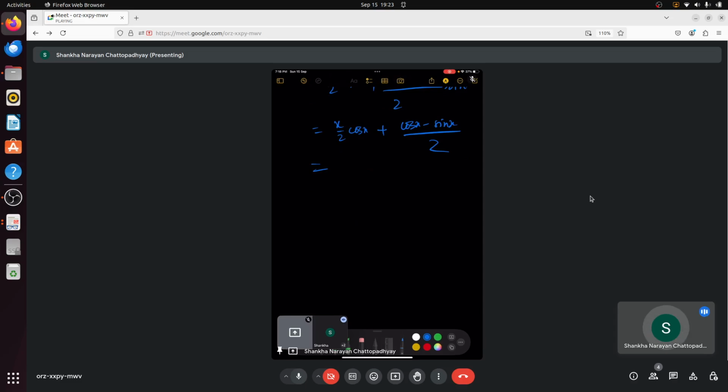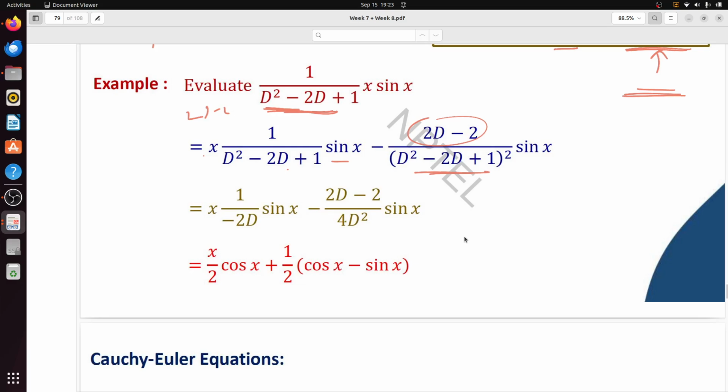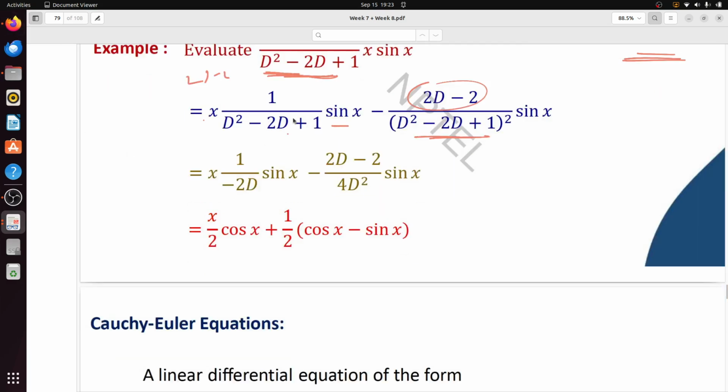So what will be your answer? Your answer will be half cos x, x plus 1, minus half sin x. So this is the answer.